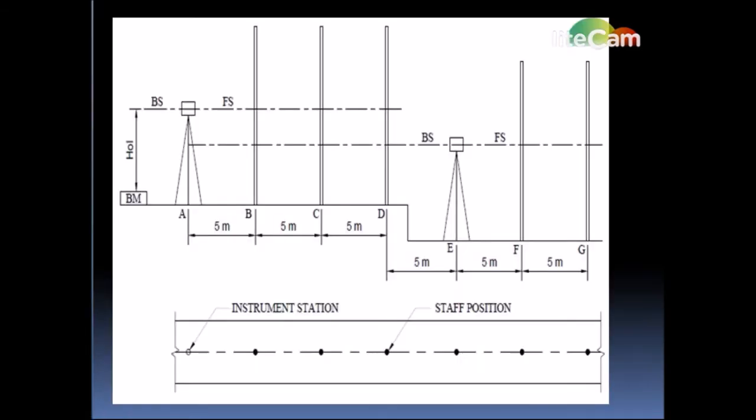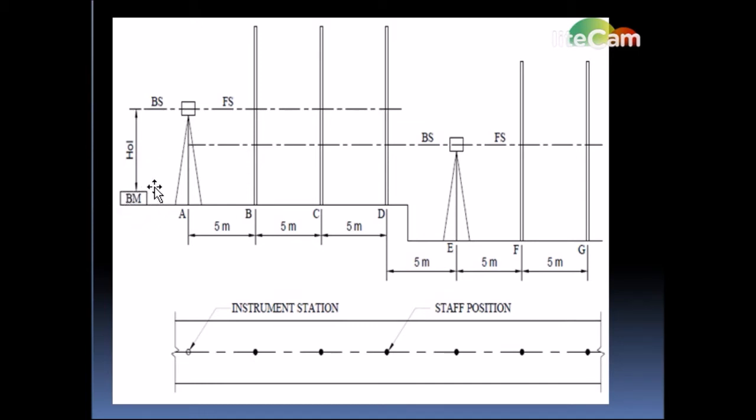Okay, so it is a typical example of a leveling problem. Here what we do is, it is a road or anything. This is the center line, so we'll place our staff along this line. First of all, we set up our auto level at a point which is very near to our benchmark.